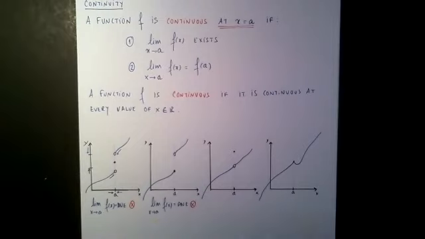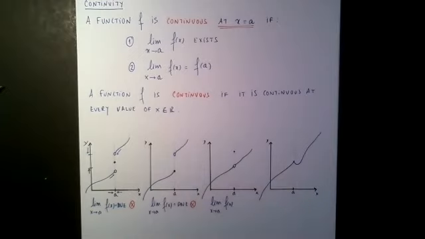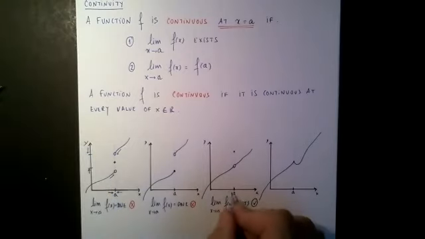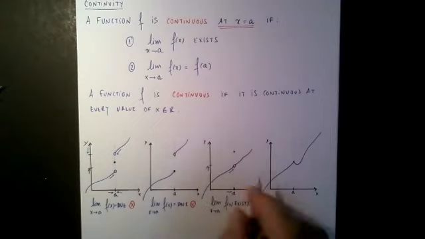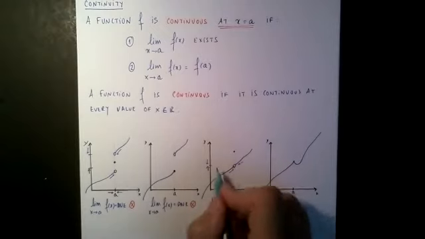Okay, third one. Does the limit exist here? Does it exist or not? Yes. Okay, left and right approach the same place. So this exists. So this is good for me. Because if you see left, left, left, and then right, right, right, same place.